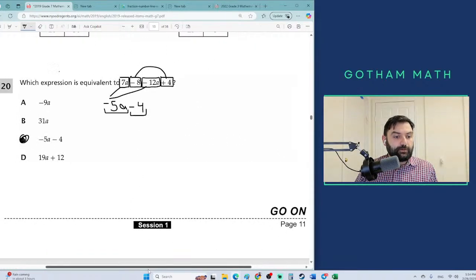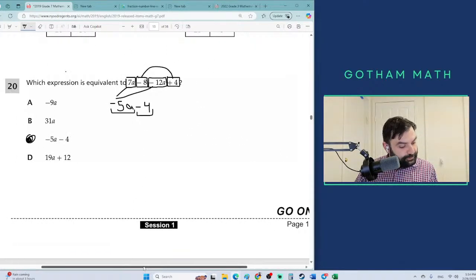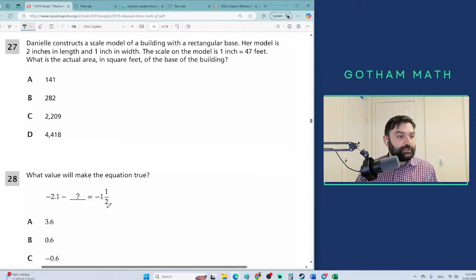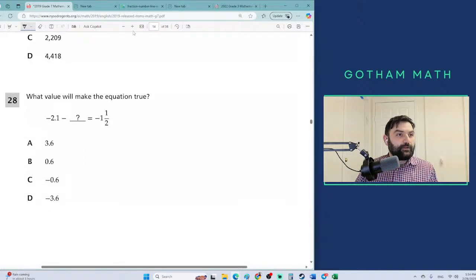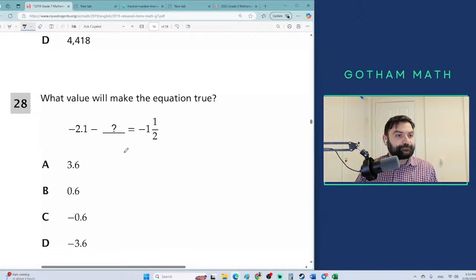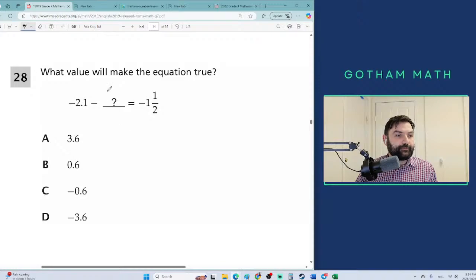Moving on to the next question, the last one, number 28. All right, so what are we having here? We have a negative 2.1, and then look at this: you have a decimal, you have a fraction. Look at the answers. What kind of answers do you have?